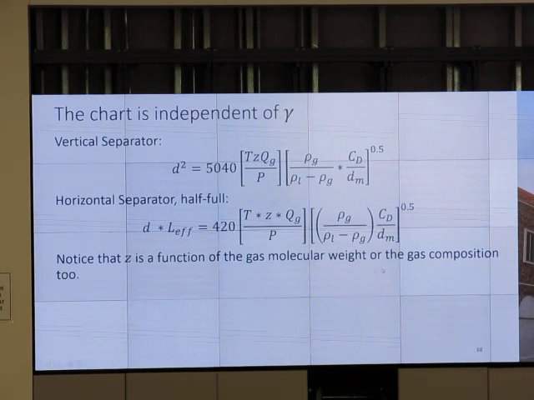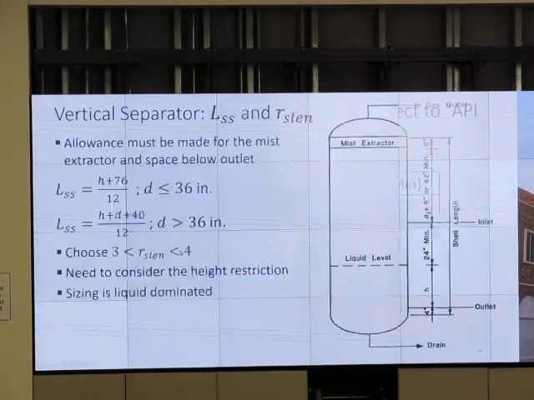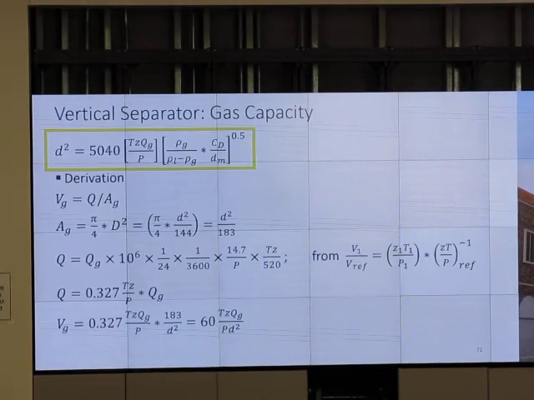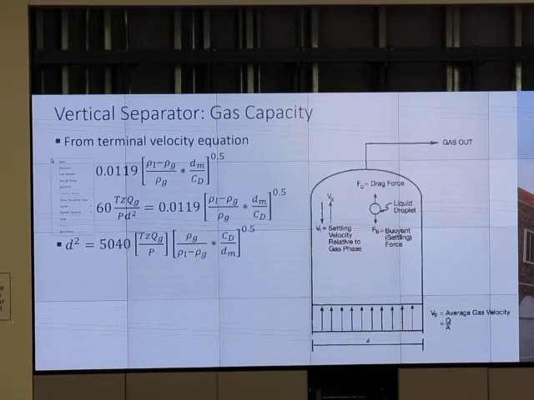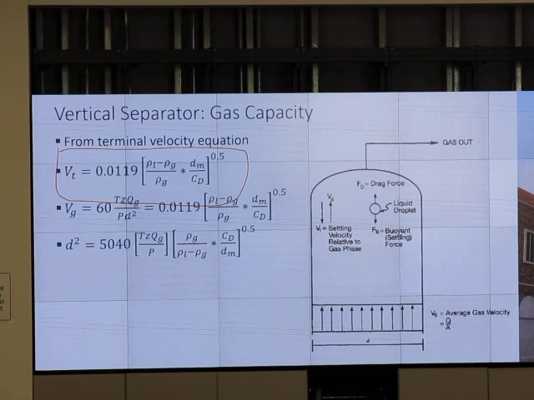So we start with this equation, that you need to use just 3 equations. This equation, okay, for horizontal separator, and the equation is about Reynolds number, or terminal velocity. So the second equation is the terminal velocity equation, this one, right?